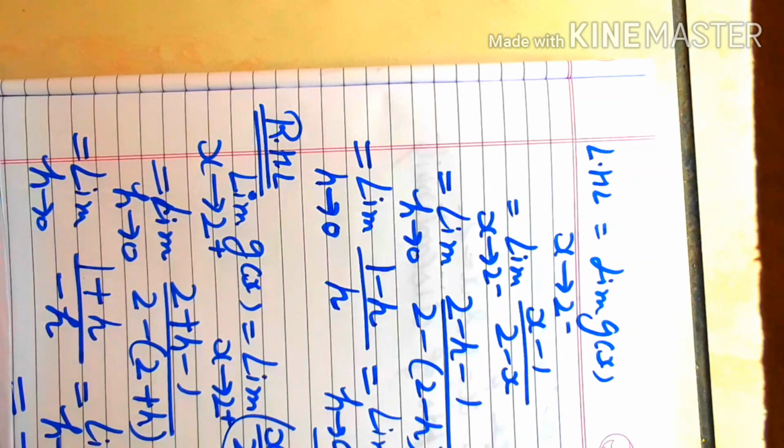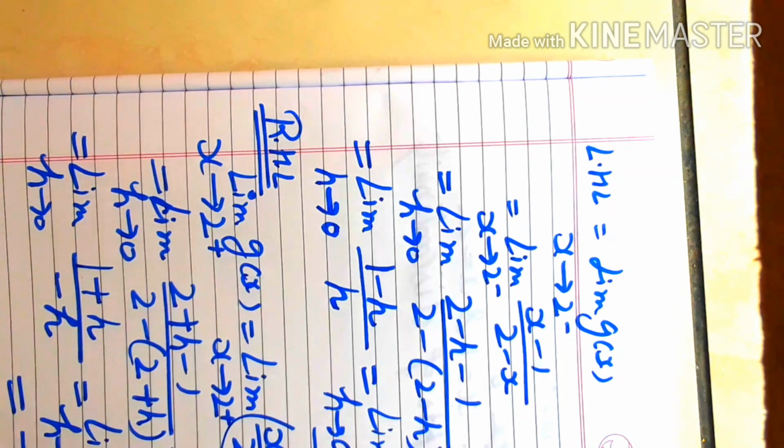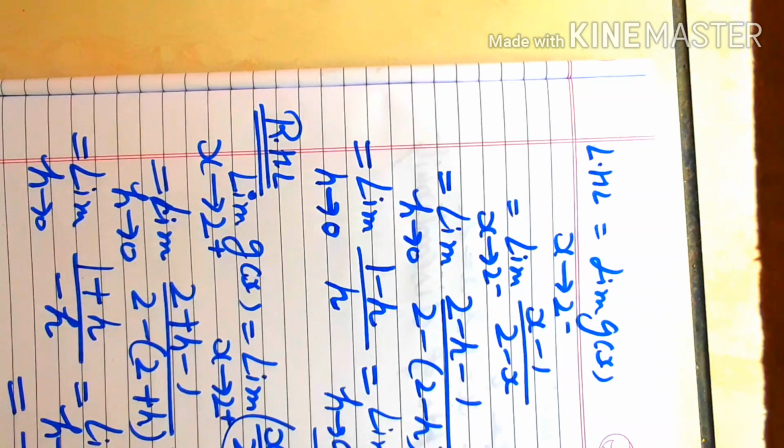So it is minus 1 by h as h goes to 0. The result becomes equal to minus infinity. So the right hand limit is minus infinity, which is not equal to the left hand limit. It means the function is not continuous at 2.